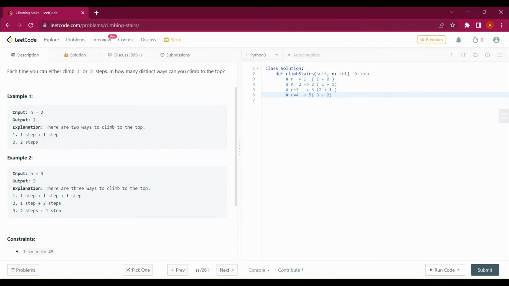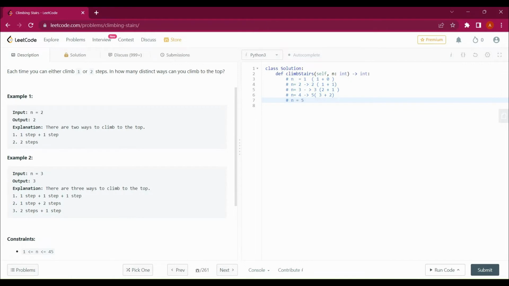So if n is equal to 3, we are adding the previous numbers, 2 plus 1, so this is 3. And if we check for 4, we are adding the previous two numbers, that gives 5, because we are adding 3 and 2.